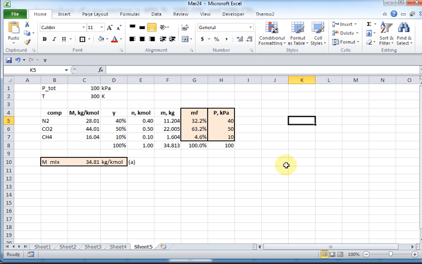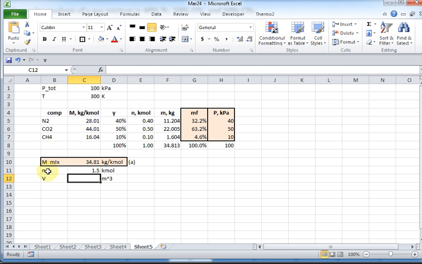Now, what was the last part? It said you're given n equal to 1.5 kilomoles of that gas mixture. What volume does it occupy, in cubic meters? That's the question. So how would you solve for that?